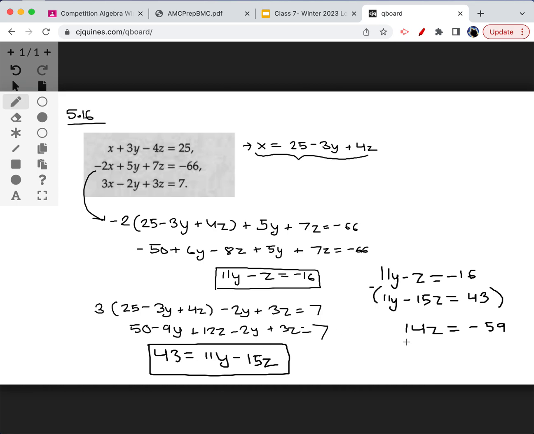Okay, so then you can solve for z. And then from here you can substitute back into either equation to solve for y. Once you solve for y, you can plug both values of y and z into this equation, and you can solve for x. So this is just the general method you'd use when dealing with three variable systems of equations.